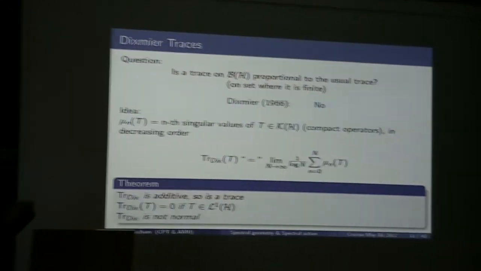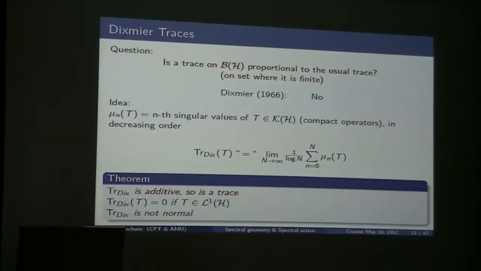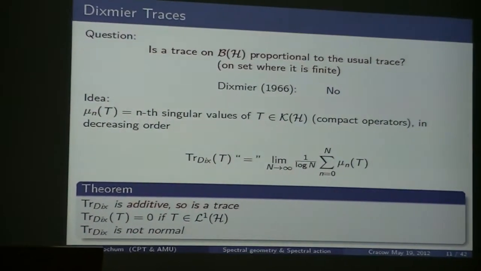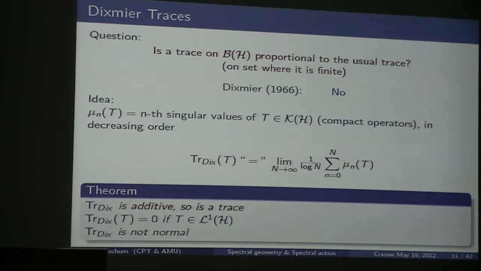But actually, this is a paper by Dixmier, so he proved that, well, not exactly that one, but anyway, this is additive. So since it's based on singular values, and singular values are invariant under unitary transformation, then automatically it is a trace.